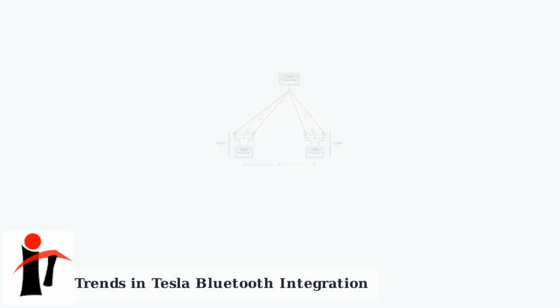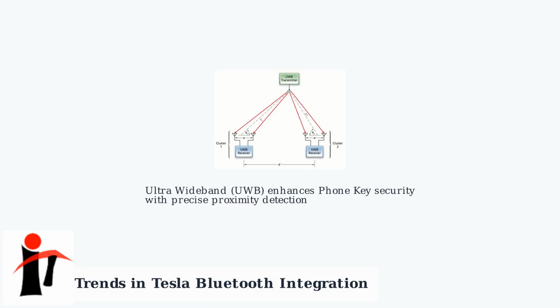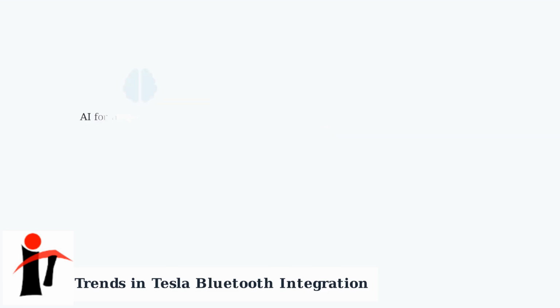Looking ahead to future trends in Tesla Bluetooth integration, expect wider adoption of ultra-wideband technology alongside Bluetooth for enhanced phone key security. UWB provides precise proximity detection, complementing Bluetooth's range with higher accuracy for unlocking. Tesla software may also integrate AI for automatic Bluetooth pairing based on user habits, learning patterns to connect devices seamlessly without manual setup.